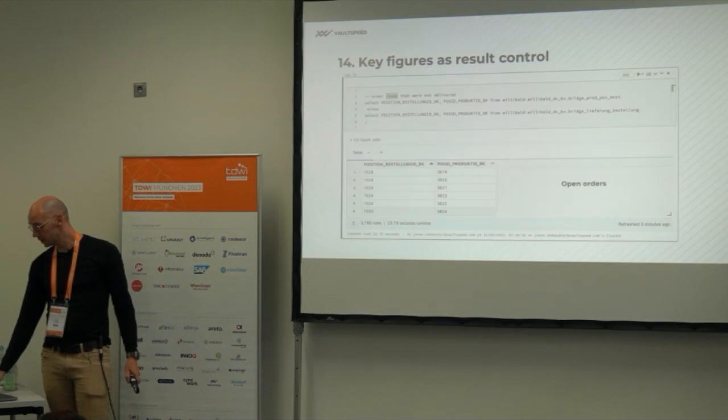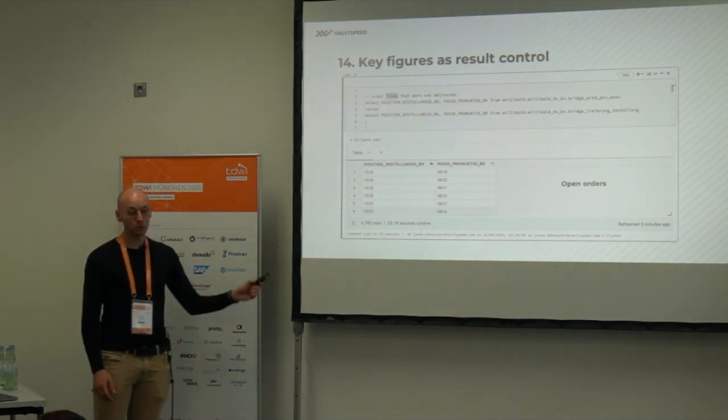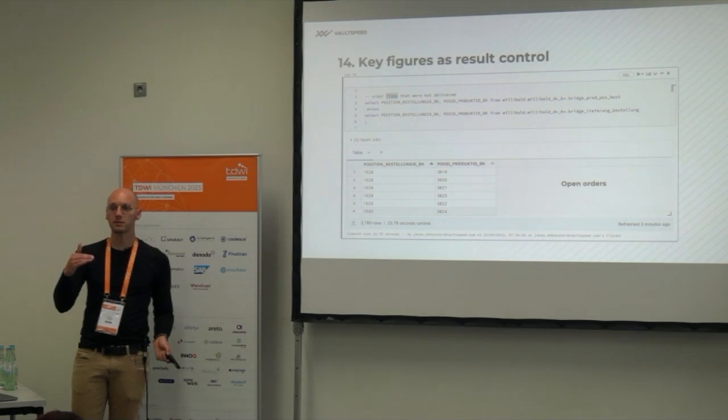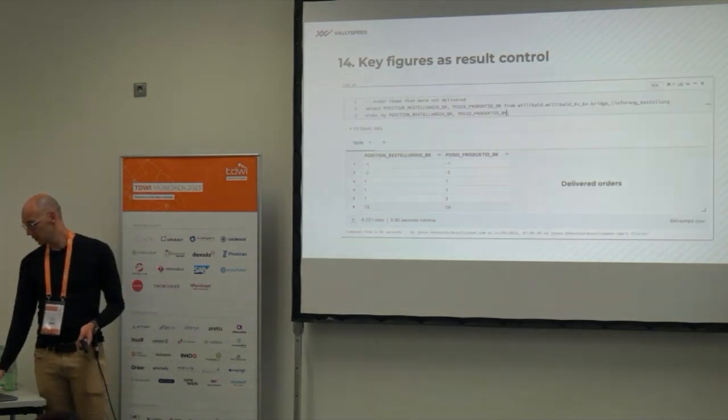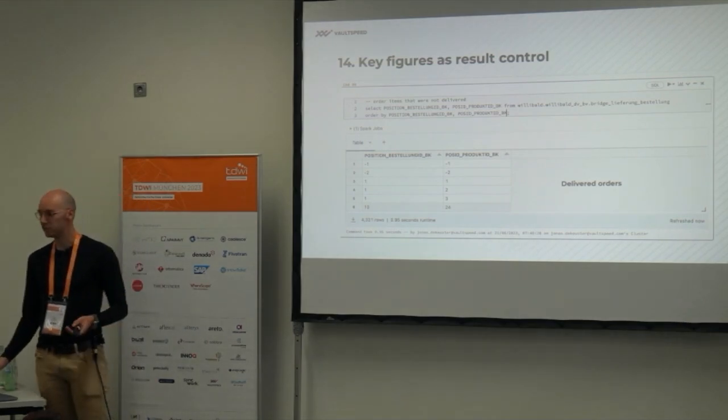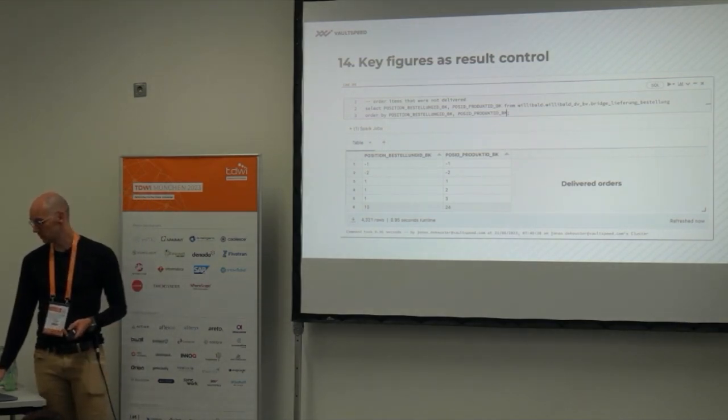And then basically you can very quickly check which orders are still open. Open orders have not been delivered, so they don't have a record in that non-historized link. And the delivered orders are the ones that do have a record in the delivery NHL. That's basically how it works.